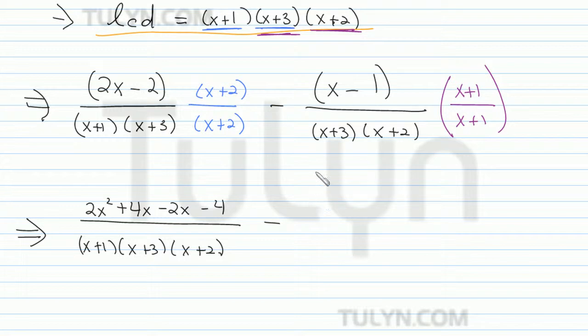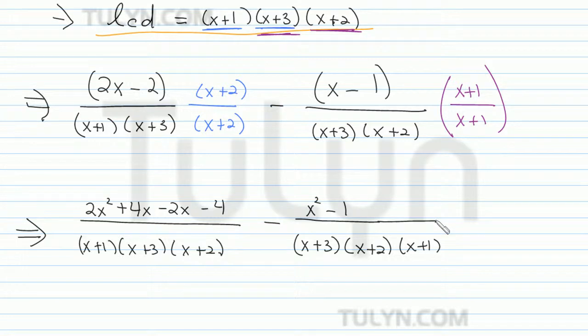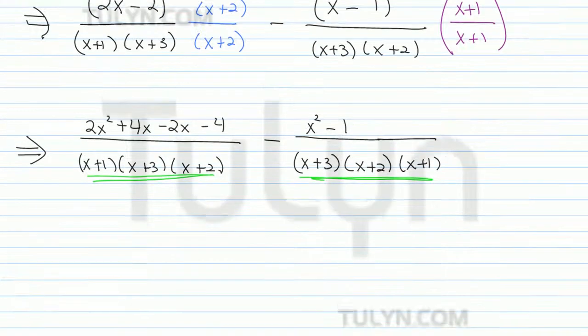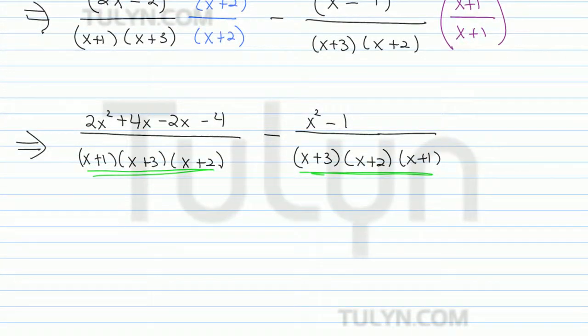So in the numerator you're going to get x squared minus 1. If you don't believe me, you could FOIL these in and you'll see that the x terms cancel out. In the denominator, we get x times x plus 3 times x plus 2 times x plus 1. Even though they're written in a different order, multiplication is commutative, so these two are exactly the same.